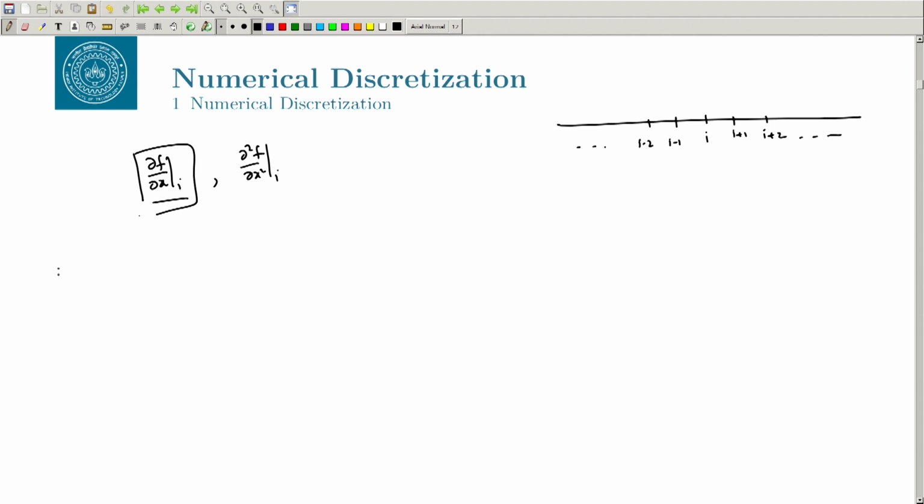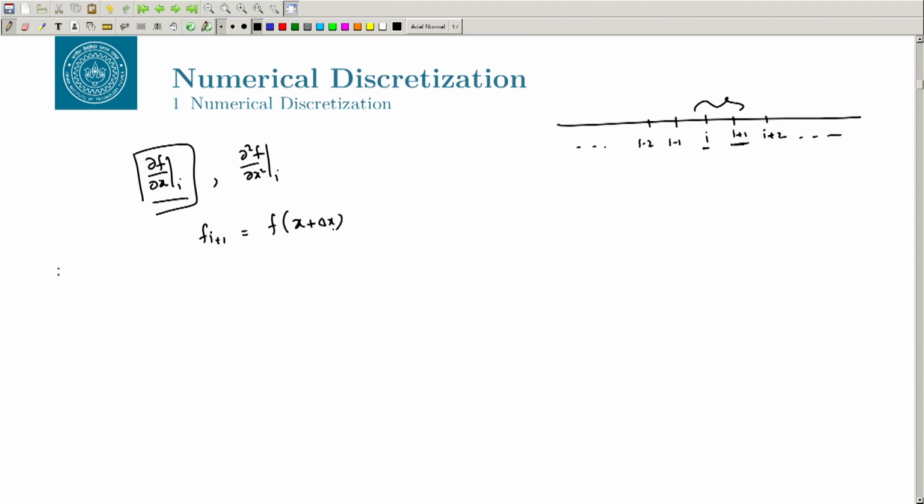So, what we can do, you have I plus 1 and I, let us take these 2 points. You can write f I plus 1, which is nothing but f of x plus delta x.